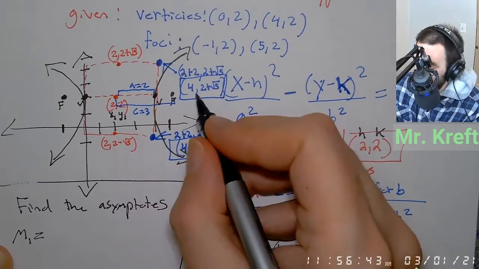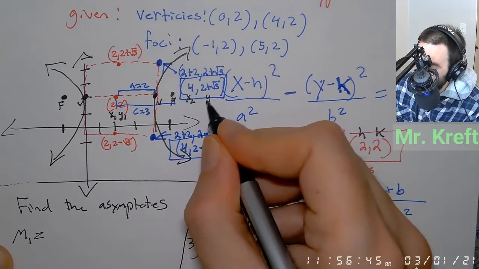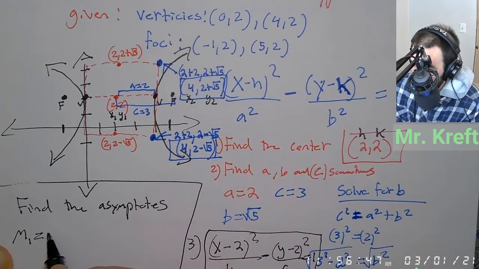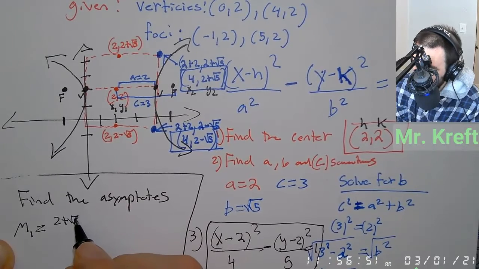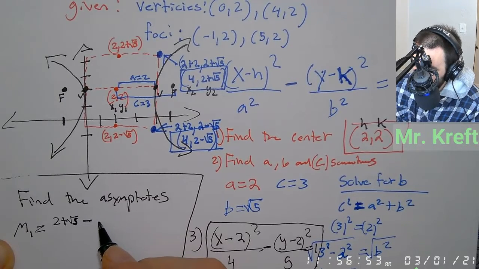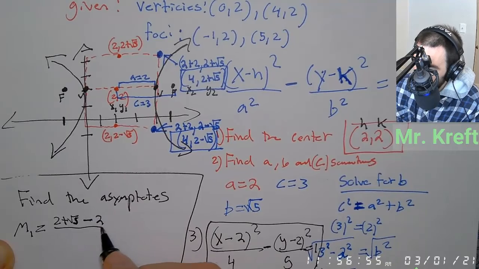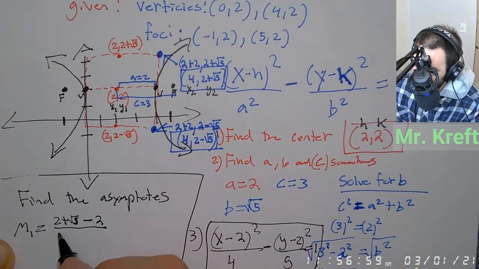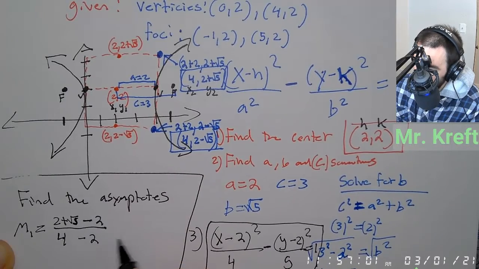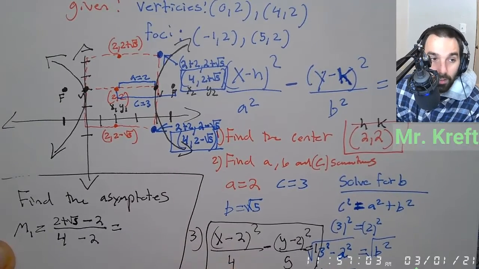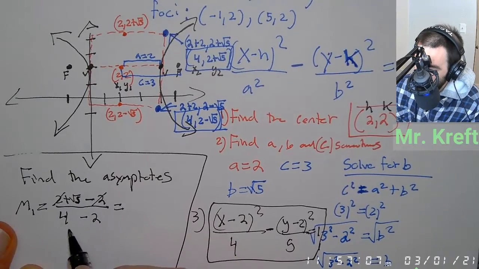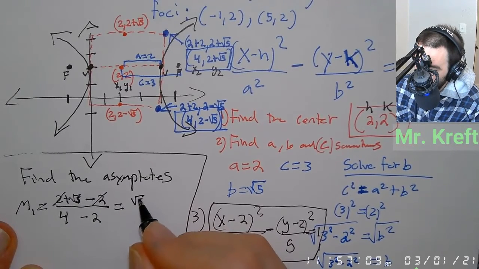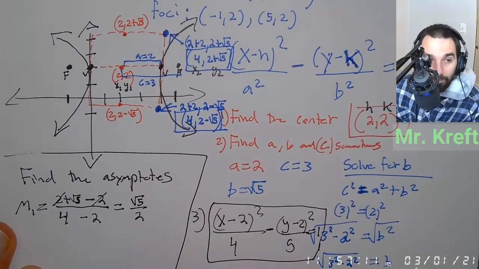Then this becomes x2, y2. So I'm going to do y2, which is 2 plus root 5, minus y1, which is 2, over x2, which is 4, minus 2. So my slope then, the 2's go away. I get root 5 over 2.